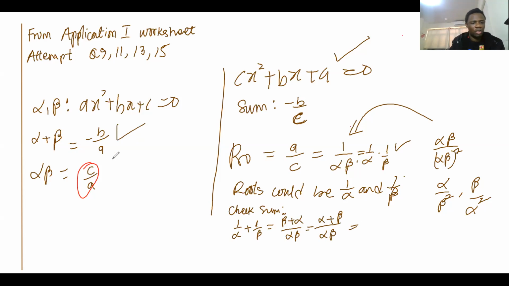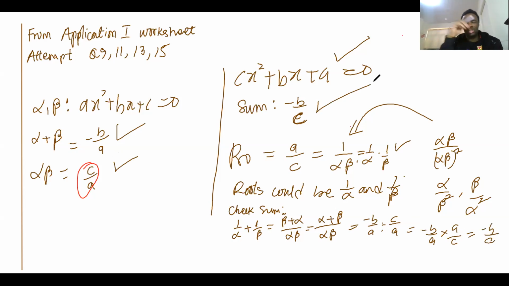Alpha plus beta is here, alpha beta is here, minus b over a divided by c over a, which is minus b over a times a over c, which is actually minus b over c. And that is this. So definitely, these are the roots indeed. So the roots of the equation, in terms of alpha and beta, are 1 over alpha and 1 over beta. That's the point I'm trying to make.